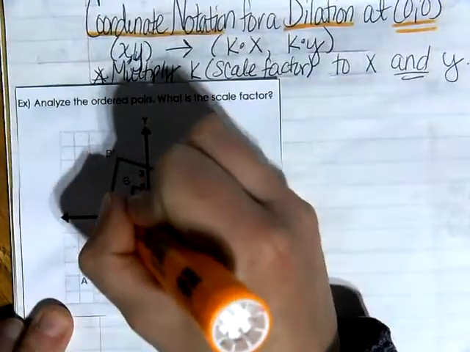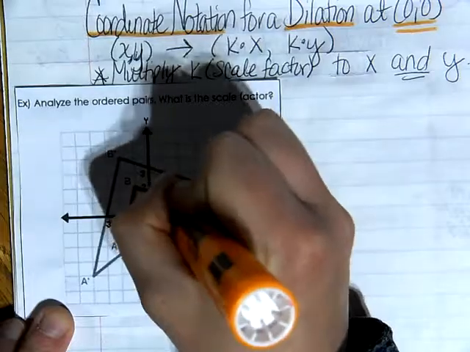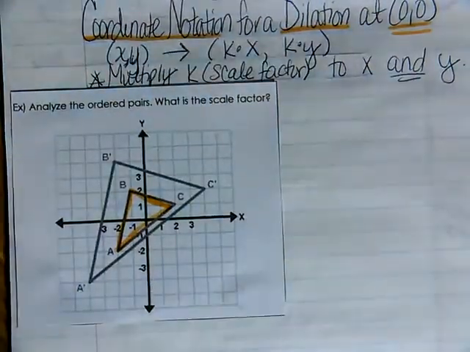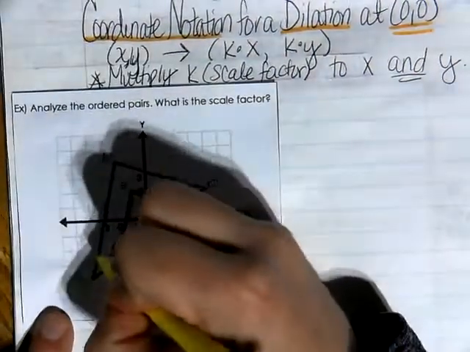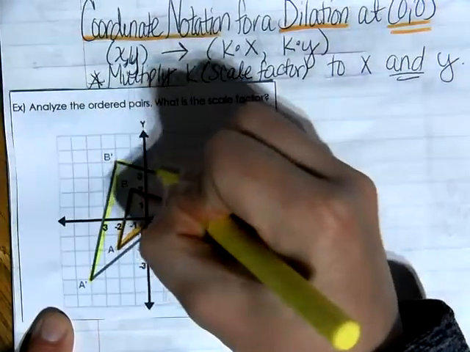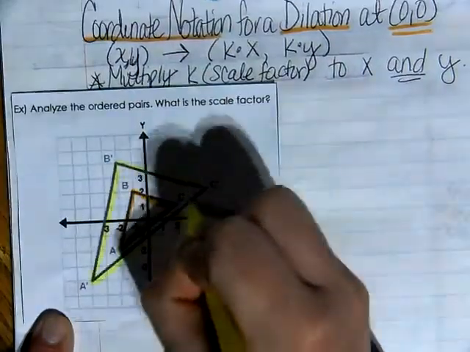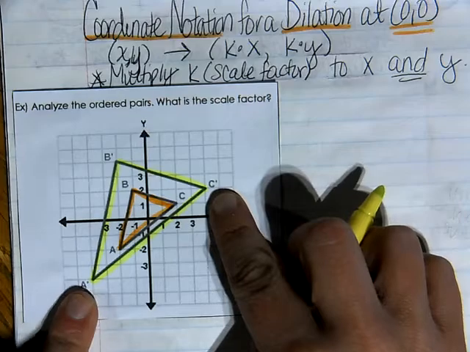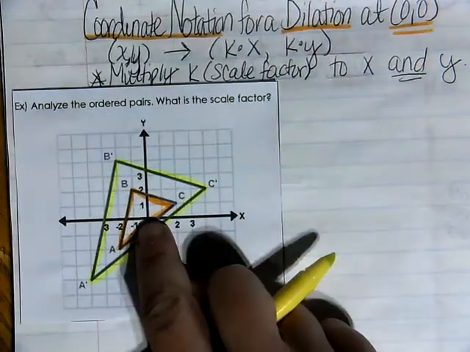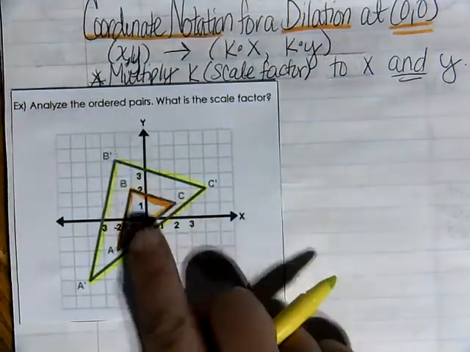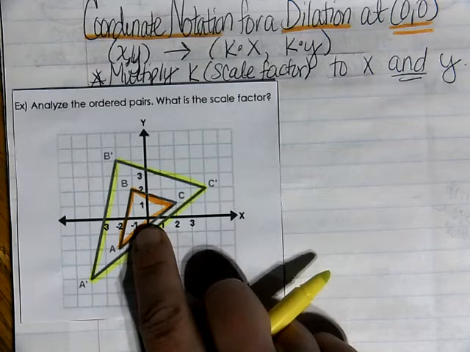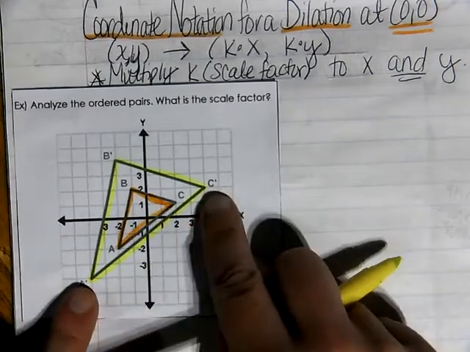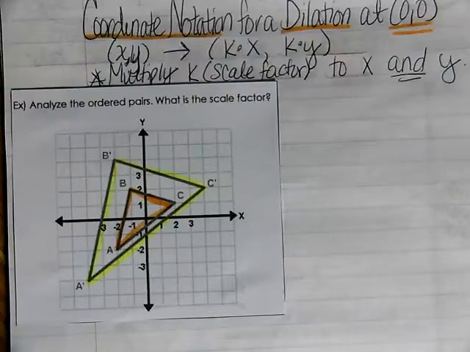We have ABC, and then we have A prime, B prime, C prime. Remember that prime notation means that it came second, and no prime means that it came first. So what came first is a small triangle, and what came second was a big triangle.